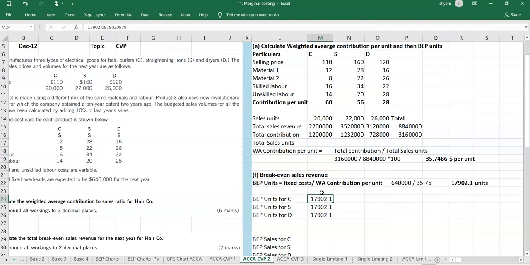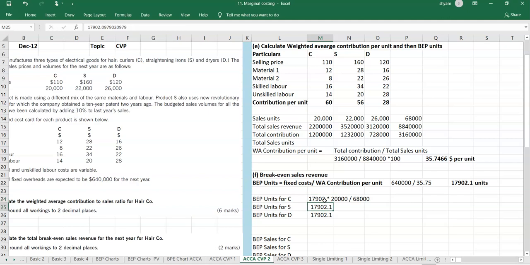See, this is sold in terms of proportion. What's the proportion? 20,000, 22 and 26 is the proportion in which it is sold. So we have to get the total. The total is 68,000. We want the proportion for 20,000 units, and the total is 68,000 units. Why are we doing this?